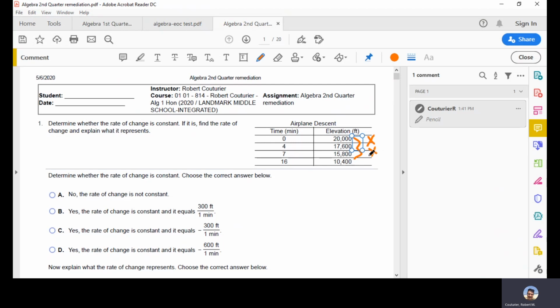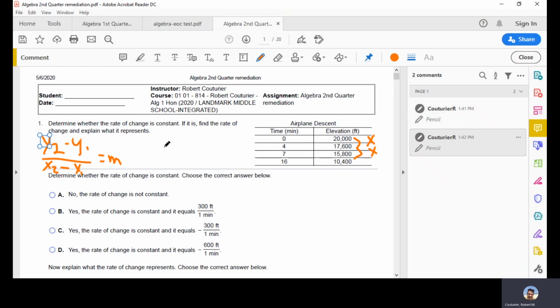What we do have is a bunch of points, a bunch of ordered pairs, a bunch of x's and y's, and we have a formula for slope. We have y2 minus y1 divided by x2 minus x1. This is our slope formula. So if we have a bunch of ordered pairs, it's fairly simple.